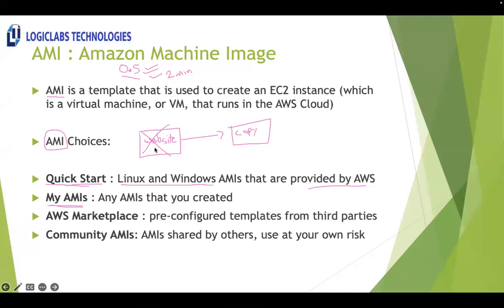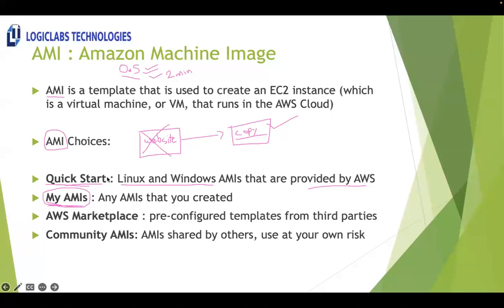So instead of that, you are converting your website, web server into an image or copy. So quickly, it will start with the same configuration, same settings, right? This type of copy will reflect in the My AMI option. It is related to your organization. No other person can launch or select from this option.